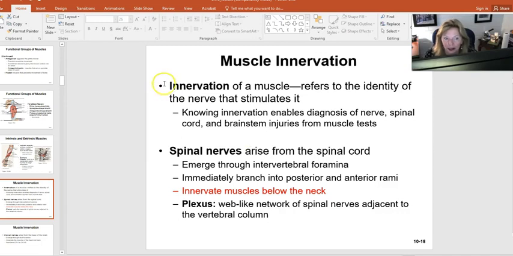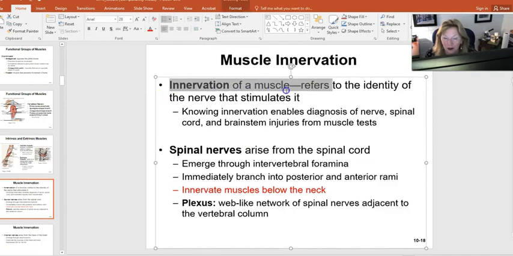So that would be an important thing for you to know. We're going to talk about that in skeletal muscle physiology in the next chapter. But again, movement from skeletal muscles is under voluntary control, and before anything can happen with the muscle, it requires a healthy motor neuron sending in a signal to actually contract for movement.